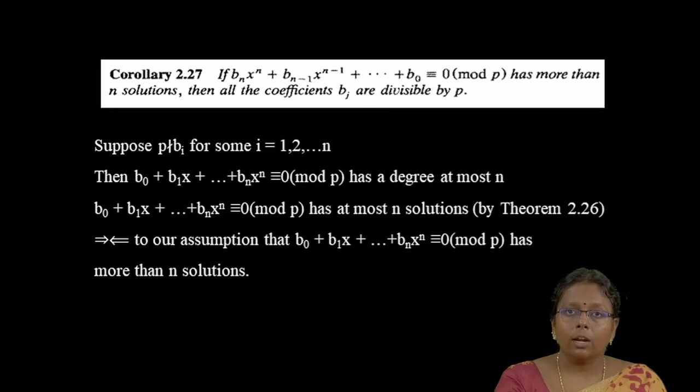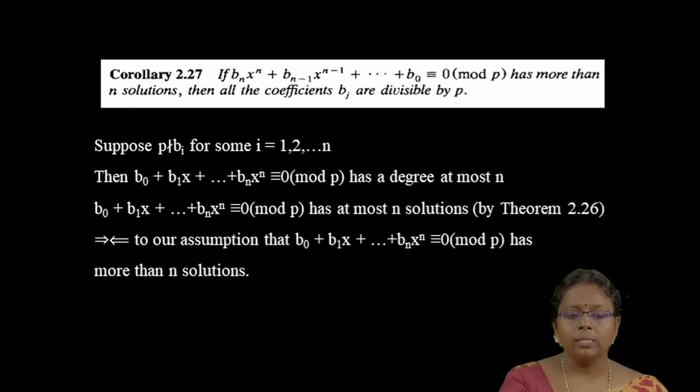In this corollary, we are going to see that if bn x^n plus b(n-1) x^(n-1) plus etc. plus b0 ≡ 0 mod p has more than n solutions, then all the coefficients bj are divisible by p. This corollary is proved by contradiction. Suppose p does not divide some bi.